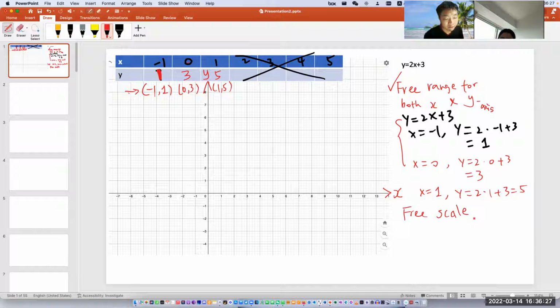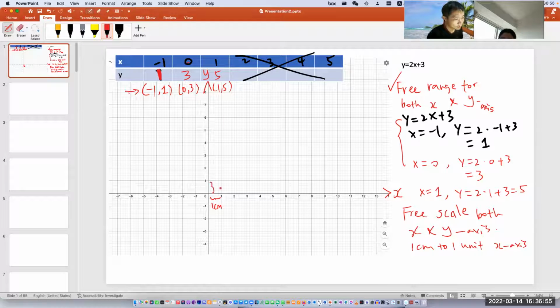What do I mean by that? Free scale means I choose what I want, for both the x and y axes. So for the x-axis, let's assume this is 1 cm, 1 unit: 1 cm to 1 unit for the x-axis.